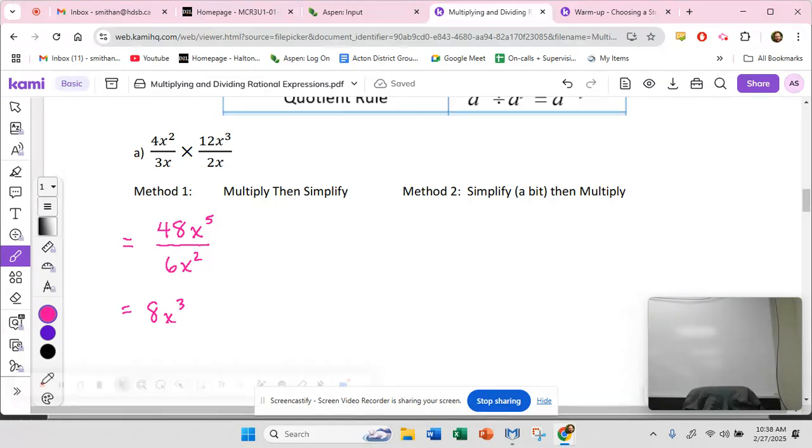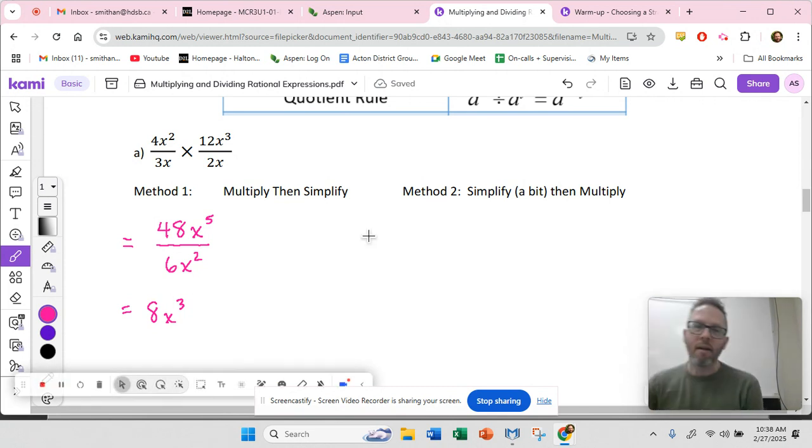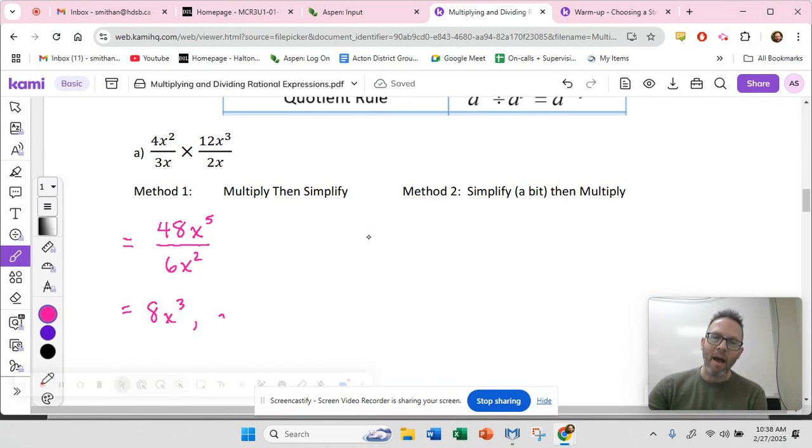If you plug 0 into here, you get 0 over 0 times 0 over 0, which is weird and not defined. These two things are almost equivalent. Just like last day, we have to add in x can't be 0. Anything that makes a bottom 0, we have to put in as a restriction.